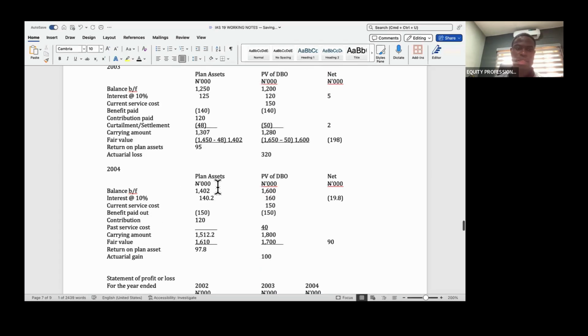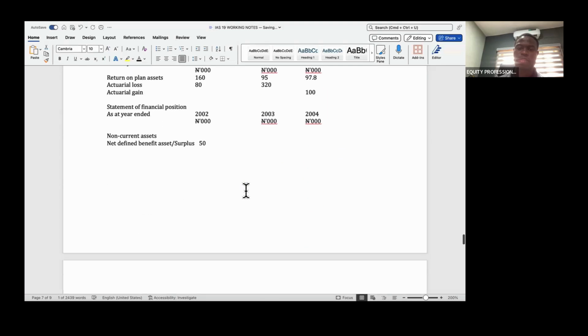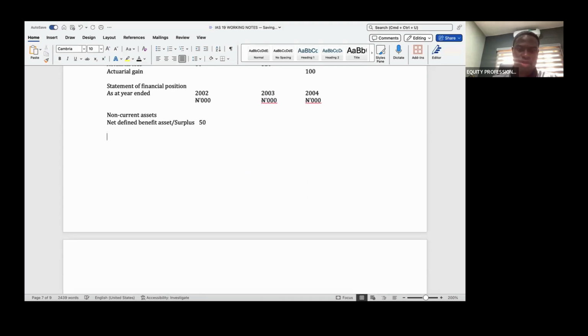Then in 2003, it was a net defined benefit obligation because the obligation was higher than the assets, of 198. That will show under my non-current liabilities.